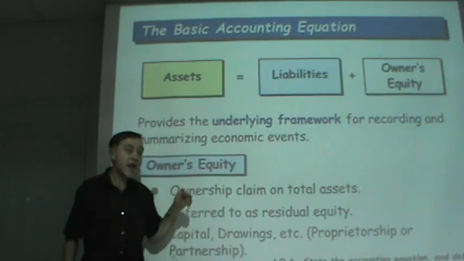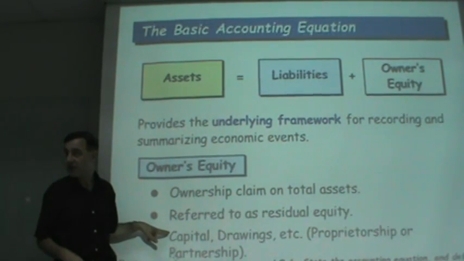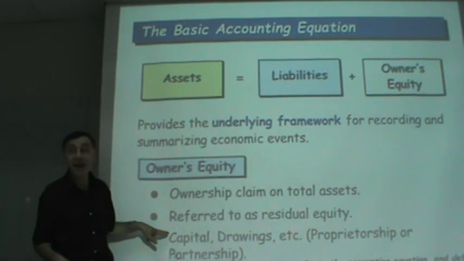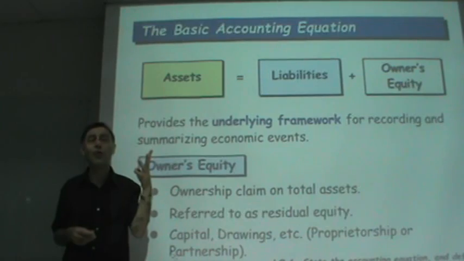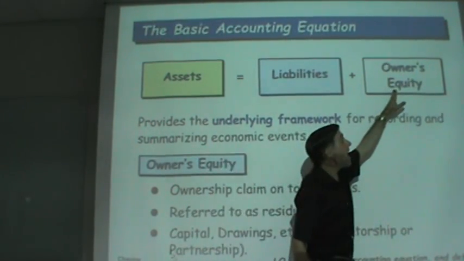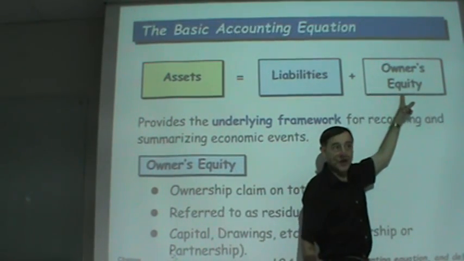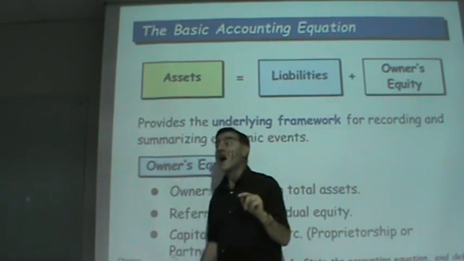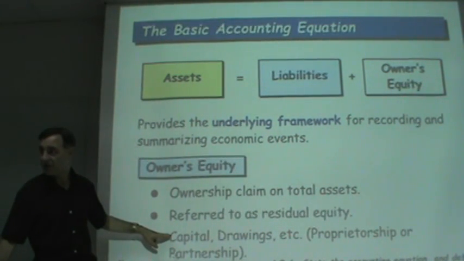And the owner's equity we like to call capital. So this owner's equity is confusing because it's got 3 or 4 different names. One, it's called equity. The other one is called owner's equity. Another name is called capital, okay?